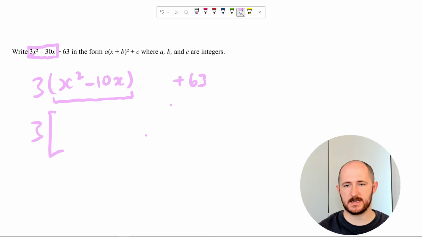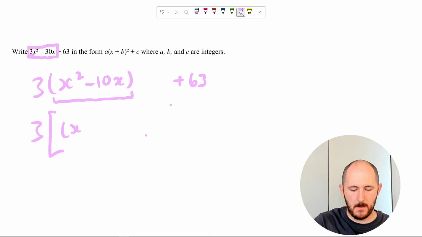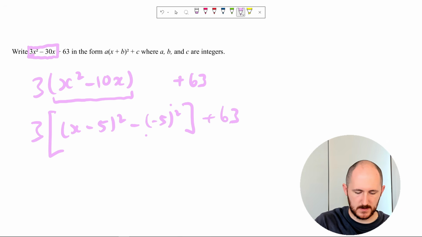We're going to use big brackets now because we're going to do completing the square. If you remember completing the square, you have to half the number in front of x, which is minus 10. So we have x minus 5 squared minus 5 squared, and then plus 63. So then we have 3 x minus 5 squared.